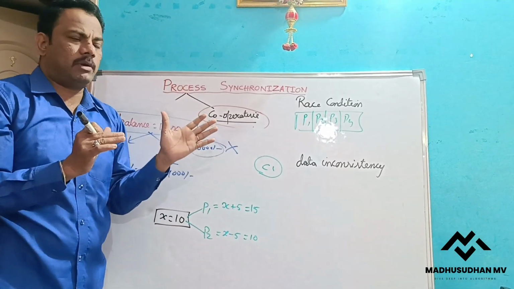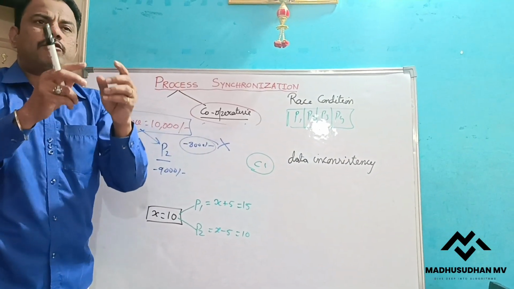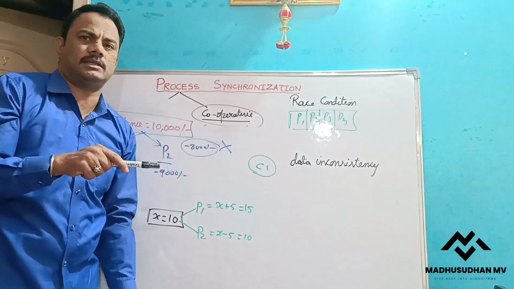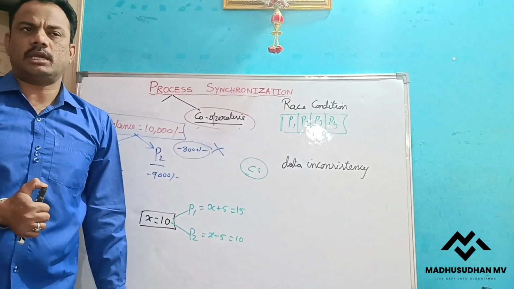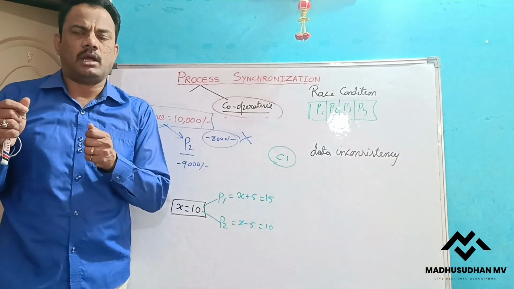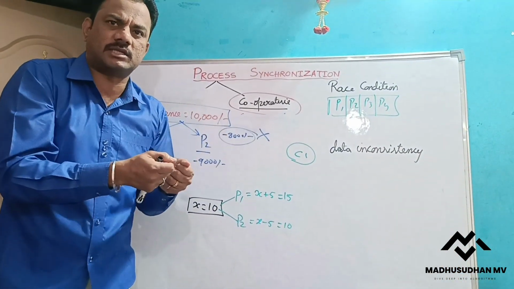Again, the problem here is everybody wants to access at the same time. If we allow one after another, then there is no problem. Like in ATM machines, they do not allow multiple people to enter the ATM machine and withdraw at the same time.